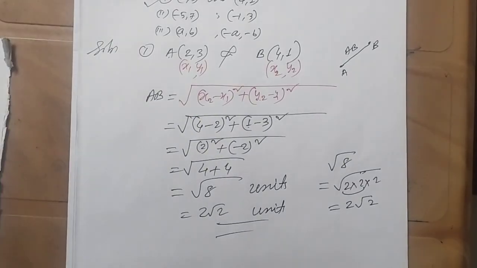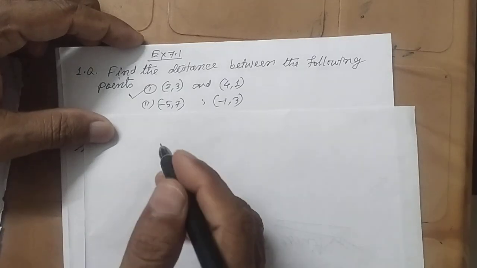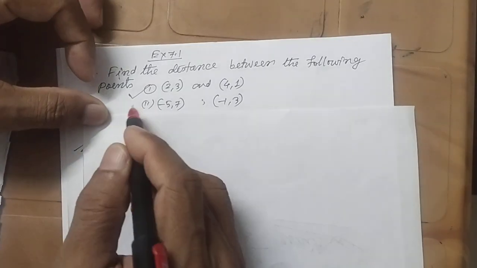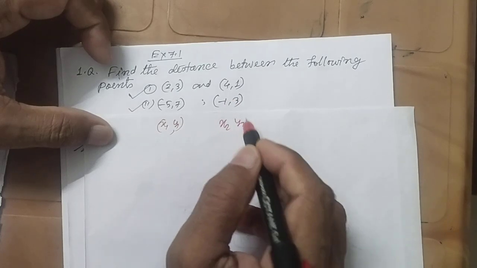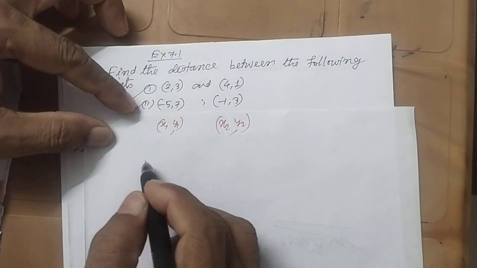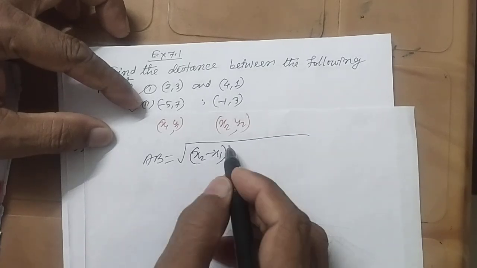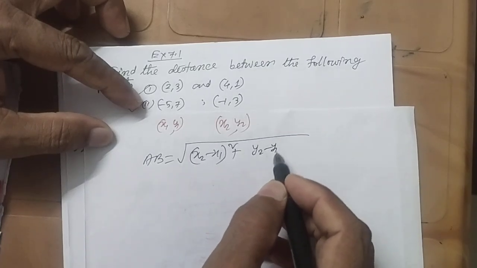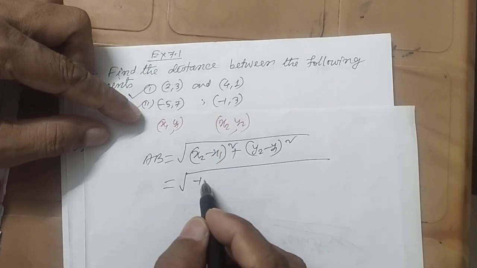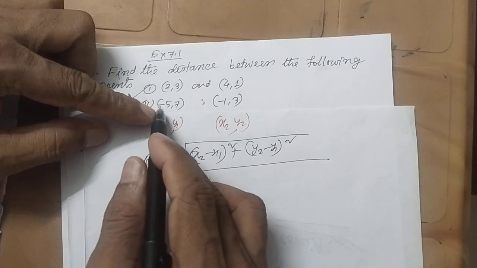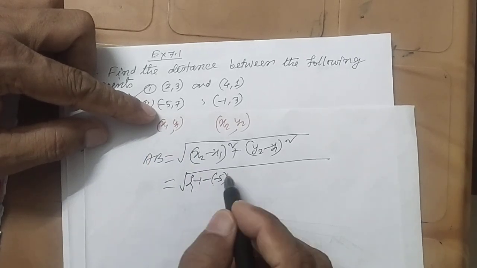Second question, you see, I'll solve here. Just mark the first point x1 y1, and the second point x2 y2, and we are using the distance formula. AB is equal to root of x2 minus x1 square plus y2 minus y1 square. Look, x2 is minus 1, minus x1 is minus 5. Whenever my number is negative, you keep it in a bracket like this, and put a second bracket whole square.